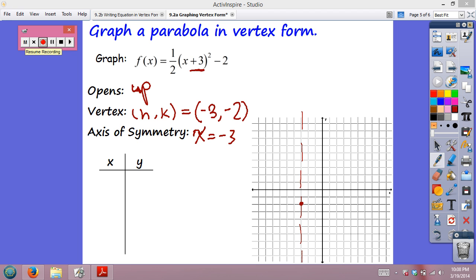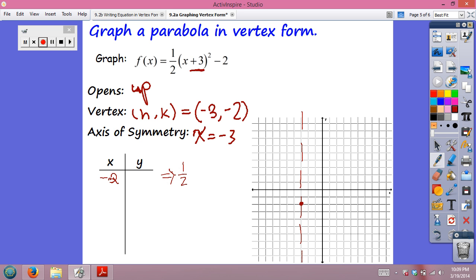So our next step is to pick a new point. So I'm going to pick -2 because that's close to the axis of symmetry. So if we plug -2 into our equation, we're going to get 1/2 times (-2 plus 3) squared minus 2.